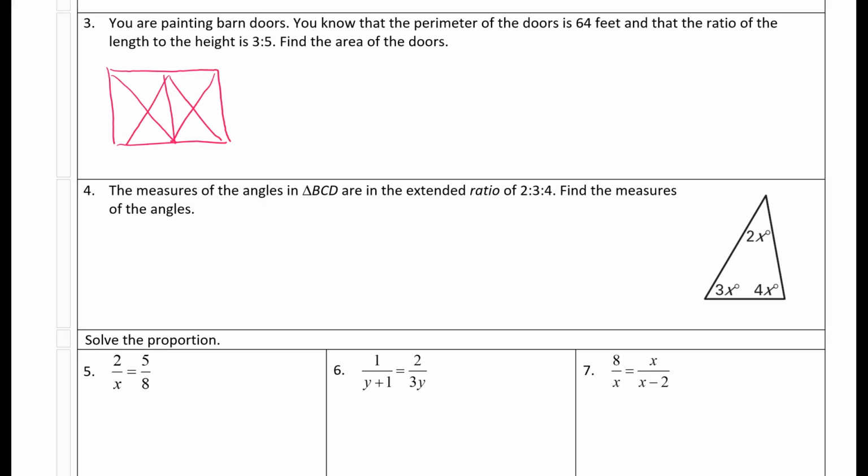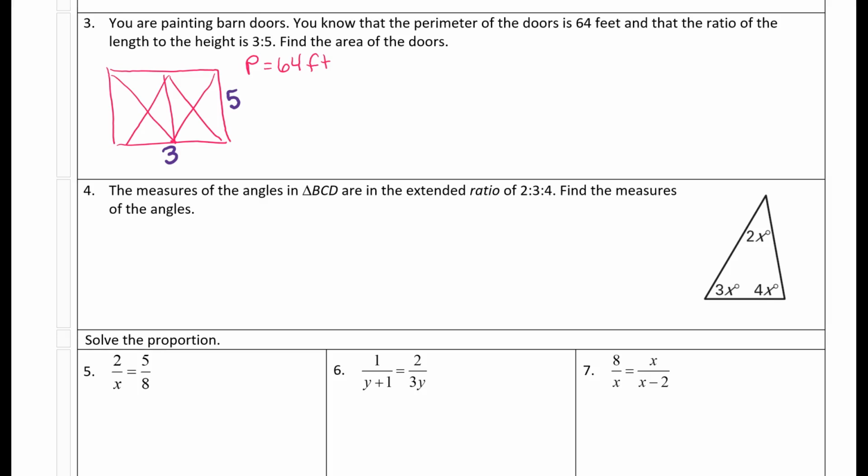But it says that the perimeter is 64 feet. So I'm going to start with that information. The perimeter is 64 feet. And it does not tell us what the actual length and height of the barn doors is, but it does tell us some information. It does tell us that the length is 3 to 5.